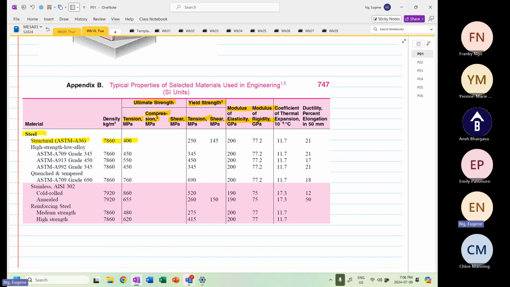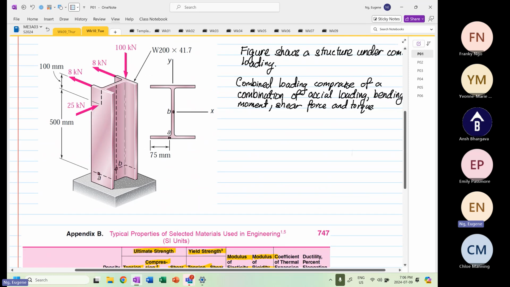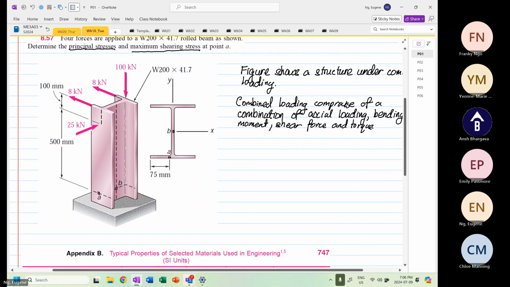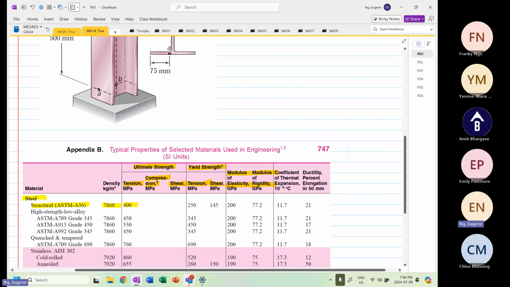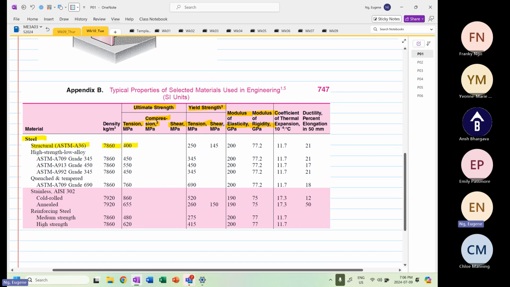At the end of the day, we have to use this data to select the material for this structure. We only know that this is made of steel, but we have to relate it to what is given in this table.